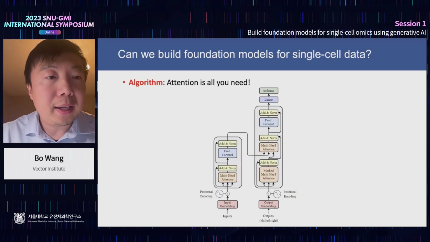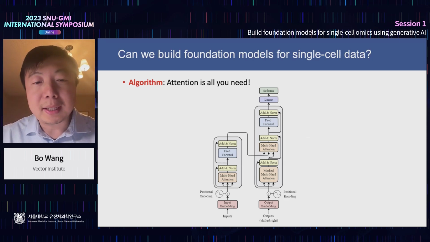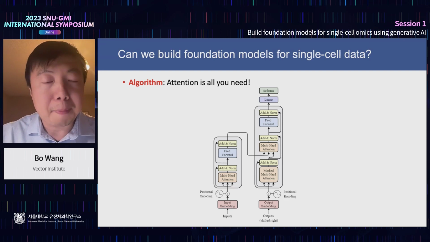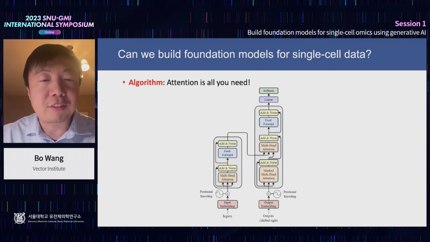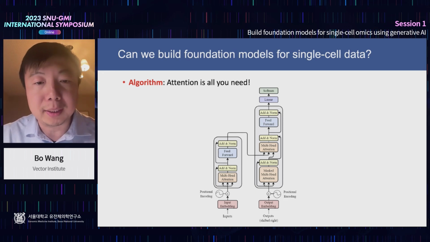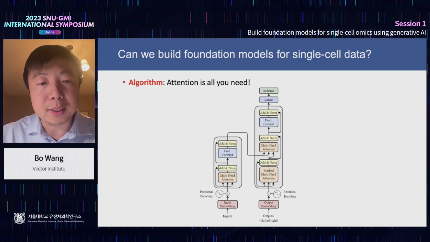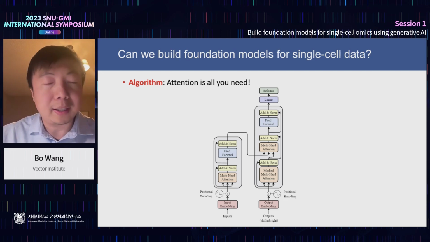A, algorithms. As I mentioned, all the foundation models are based on the transformer architecture, which was first proposed in a seminal paper in 2017 by Google titled Attention Is All You Need. In this paper, a new deep learning architecture called the transformer is proposed. If you look at its architecture, it basically consists of two parts, an encoder and a decoder.